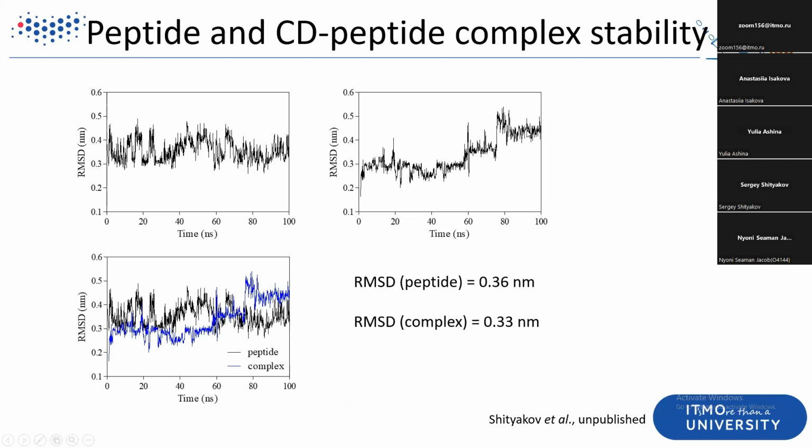Here you can see that before 60 nanoseconds you have a significant decrease, and then you have an increase. Then you would have to run further, probably for at least 500 nanoseconds, to see what is going to happen next.